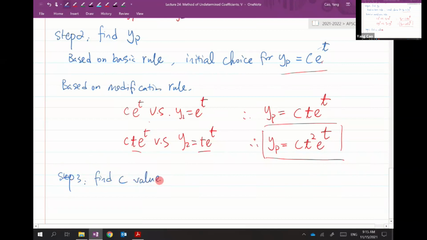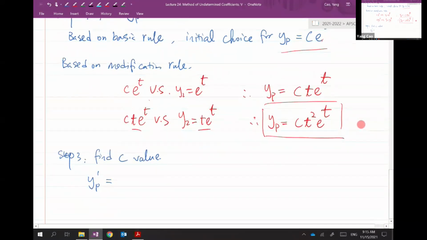To find the c value, we calculate yp prime. This is a product rule, obviously. So you get 2t times c e to the power t, plus ct squared e to the power t.